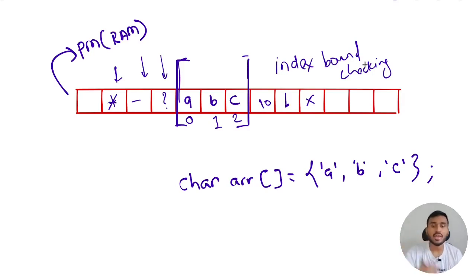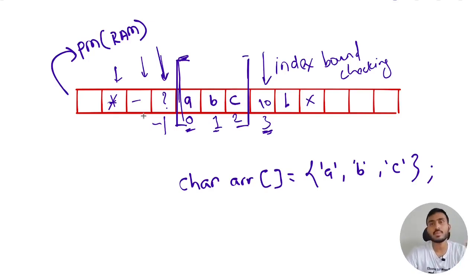If you use ARR of 3, then basically you're trying to access this element, because the array starts from here. 0 index is this element, 1 index is this element, then this is the index 3 element. So whenever you write ARR of 3, you're trying to access this element, and whenever you write ARR of -1, you're trying to access this element over here, and that's why you don't get any error, but you get some garbage value, some random answer which you cannot predict.